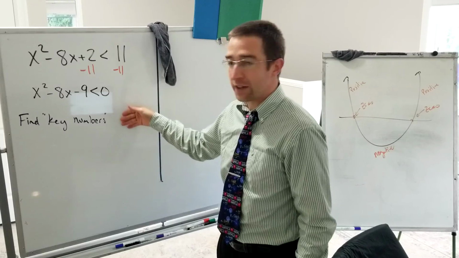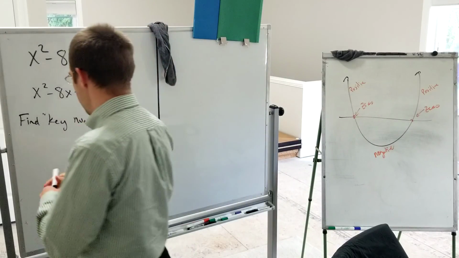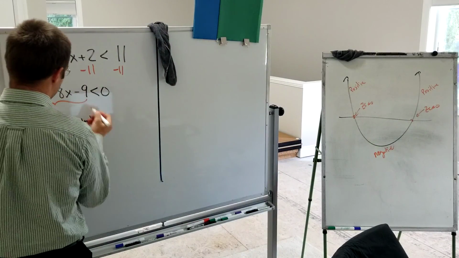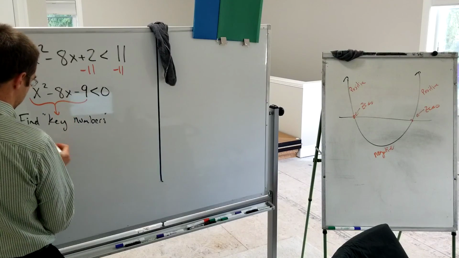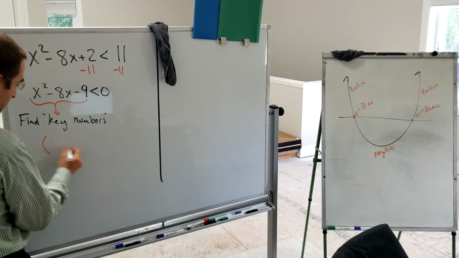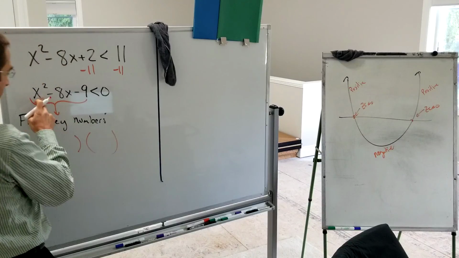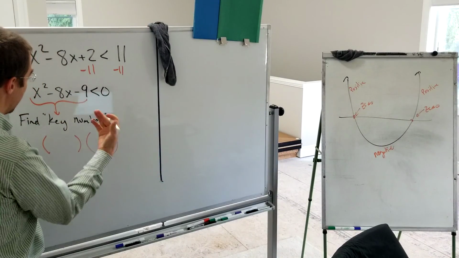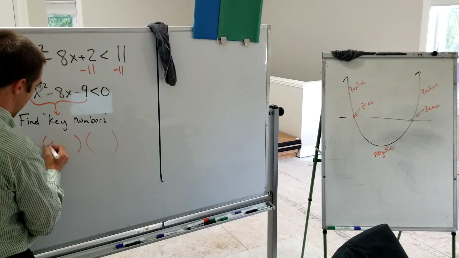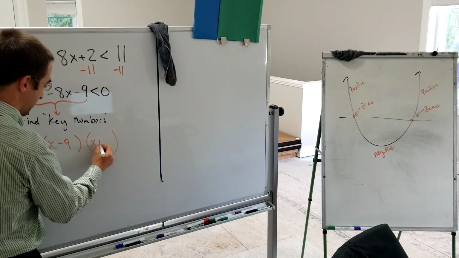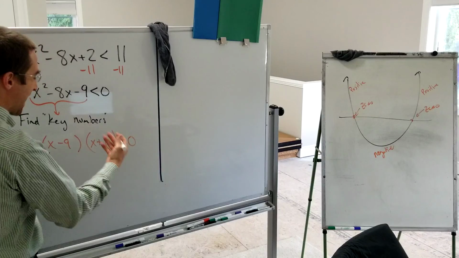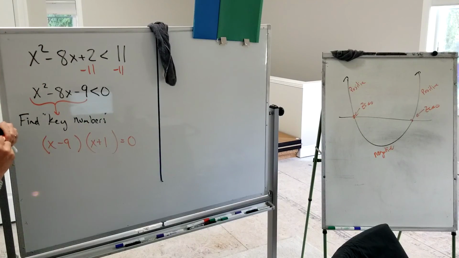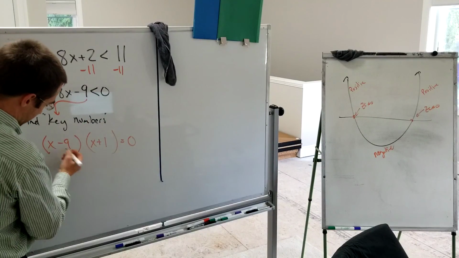So we're going to find our key numbers by finding when x squared minus 8x minus 9 is equal to 0. We factor it: we need 2 numbers that multiply to negative 9 and add to negative 8. So x minus 9 times x plus 1. When does that equal 0?